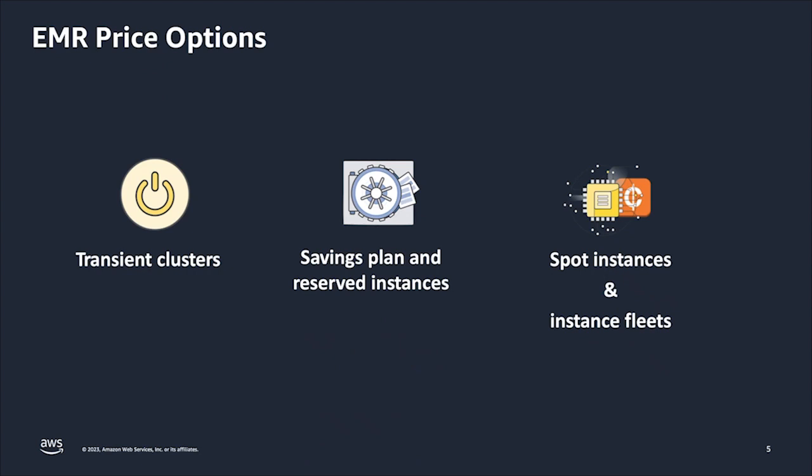The second one is Savings Plans and Reserved Instances. If the customer knows that they will be running this Spark or EMR cluster for over 2 or 3 years, then they can go with Savings Plans, which are offered for EC2 instances, or with Reserved Instances. The third one is Spot Instances and instance fleets, which is very popular and common as well.